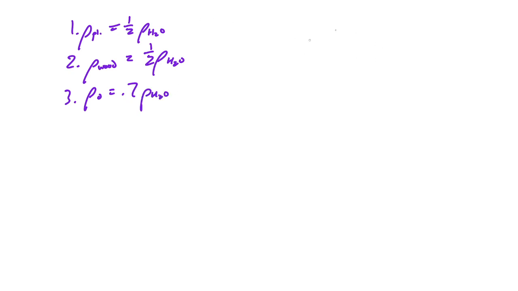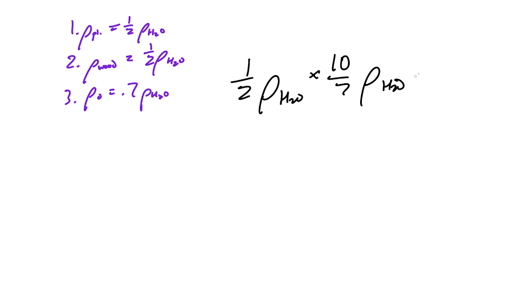Which means that our plastic, which is 1 over 2 our density of water, is going to be, and we can just write that here, 1 over 2 times the density of water multiplied by what I believe to be 10 over 7, times density of water, to find the density of plastic compared to oil.